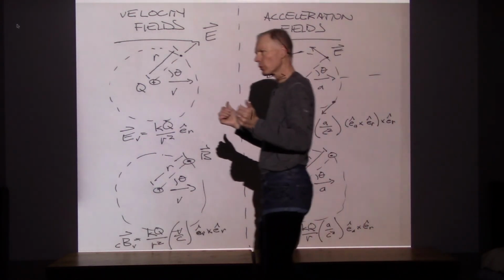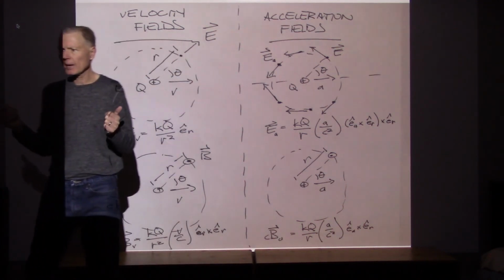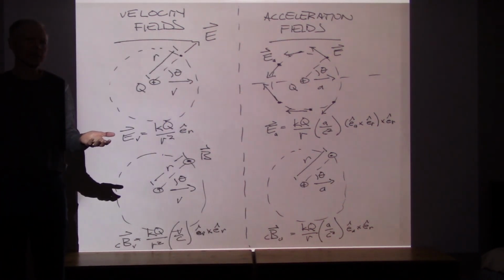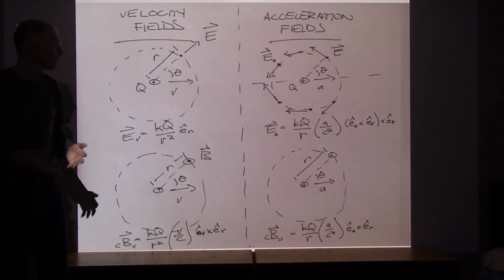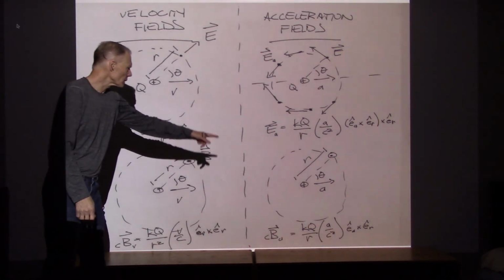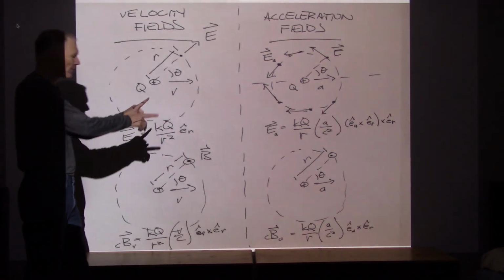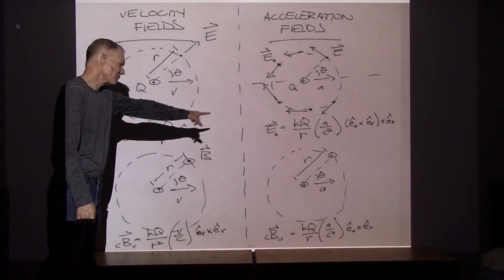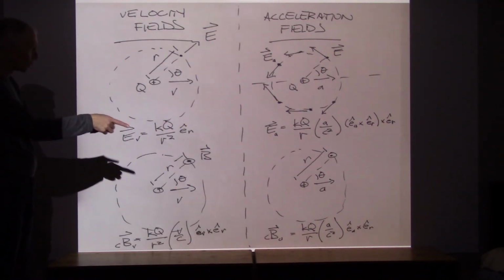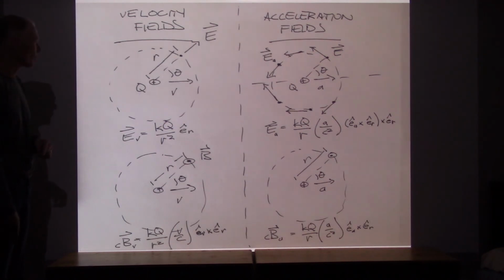And remind yourselves from kinematics that velocity and acceleration aren't necessarily in the same direction. Think of circular motion, for example. So even though these look identical, it could be that v and a are in different directions, and so these don't necessarily loop in an overlapping way.